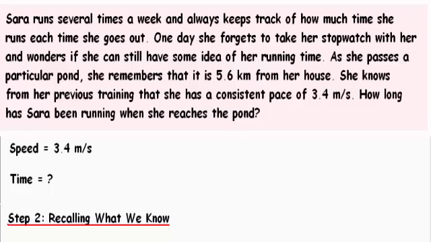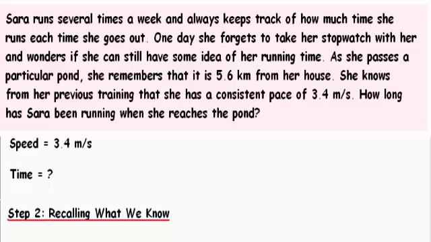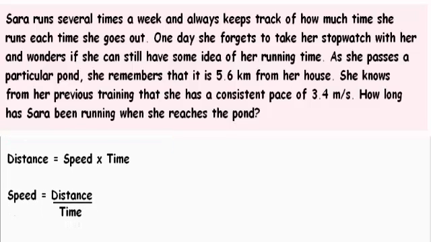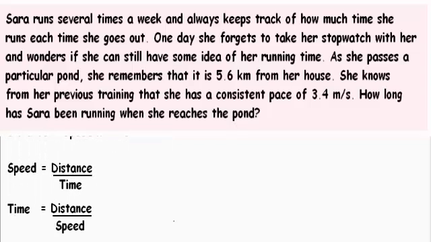If you've studied your formulas well, you will recall that distance is equal to speed multiplied by time. You should also know that speed is equal to distance divided by time, and that time, therefore, is equal to distance divided by speed.